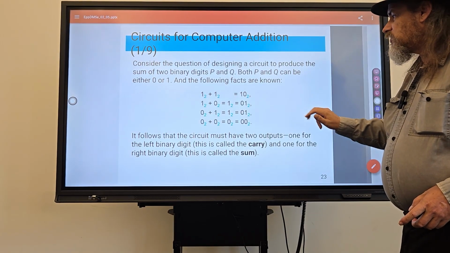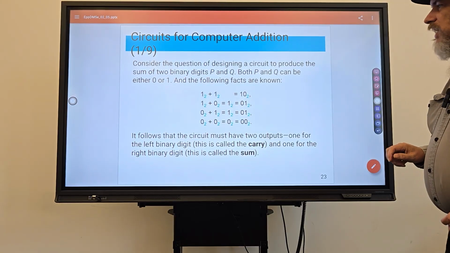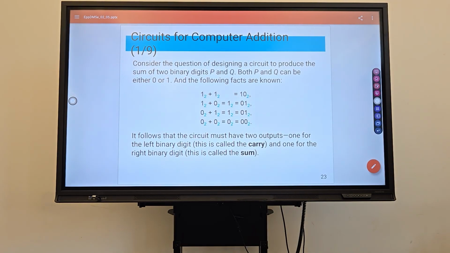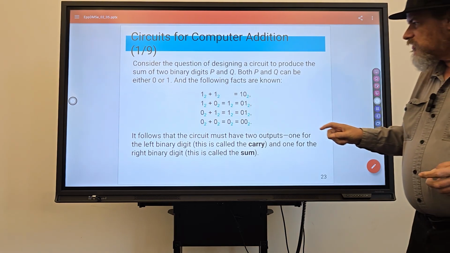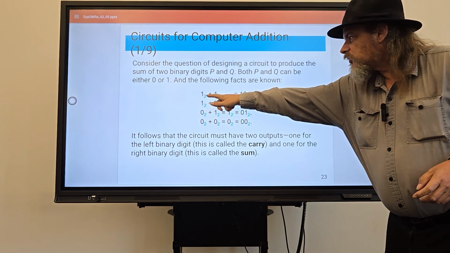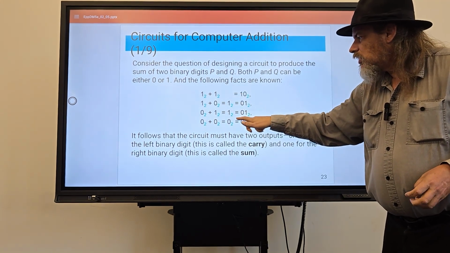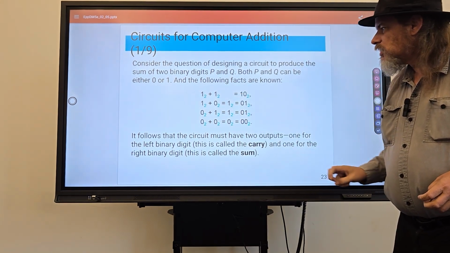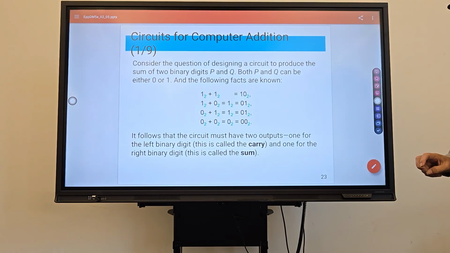Circuits for computer addition. So you have your state table of what inputs you have and what outputs you're going to have.